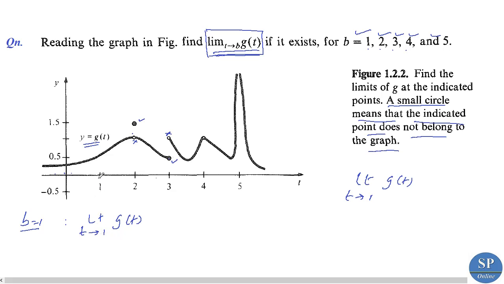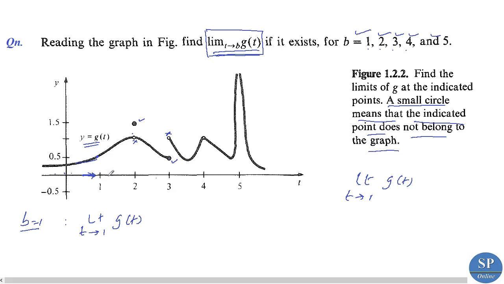At t equal to 1, we find the values of g of t as t approaches 1 from the left and right. From the left, g of t will be 0.5.